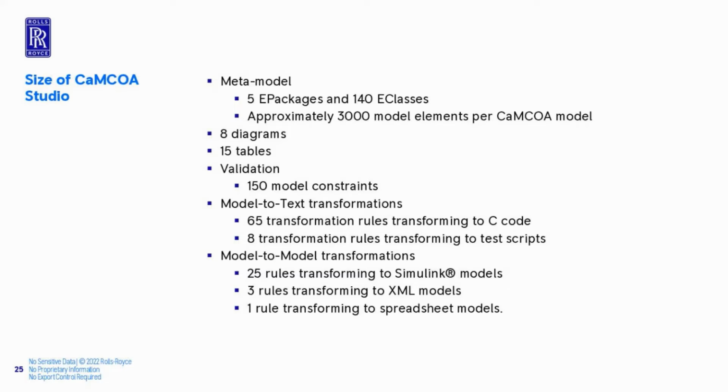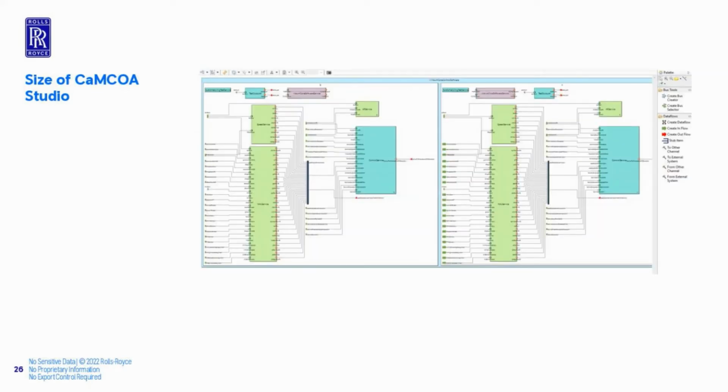Mainly we're transforming to C code, but we're also transforming to different model types, like Simulink, and then using Simulink's code generator. This image isn't supposed to be too readable, but it's just supposed to give you more of an idea of what diagrams look like in a more representative CaMCOA deployment.